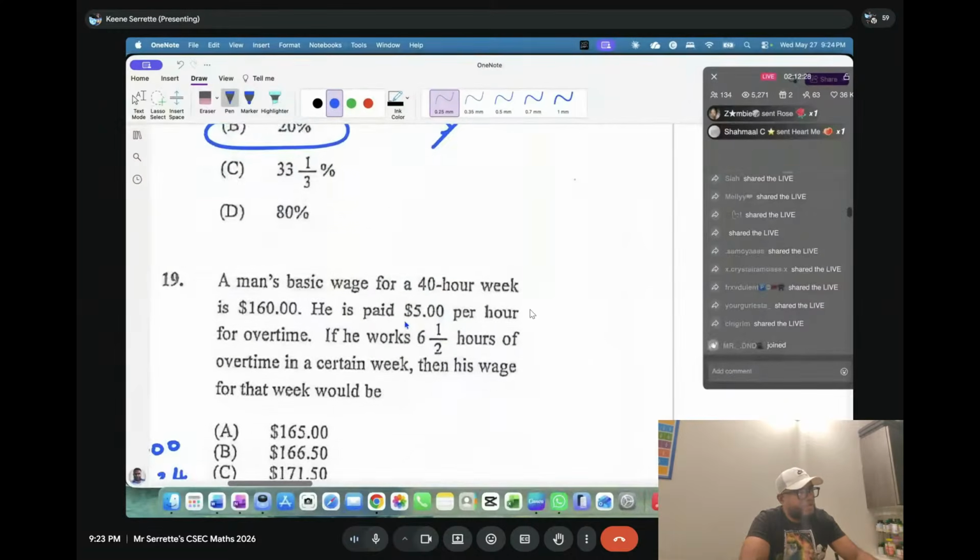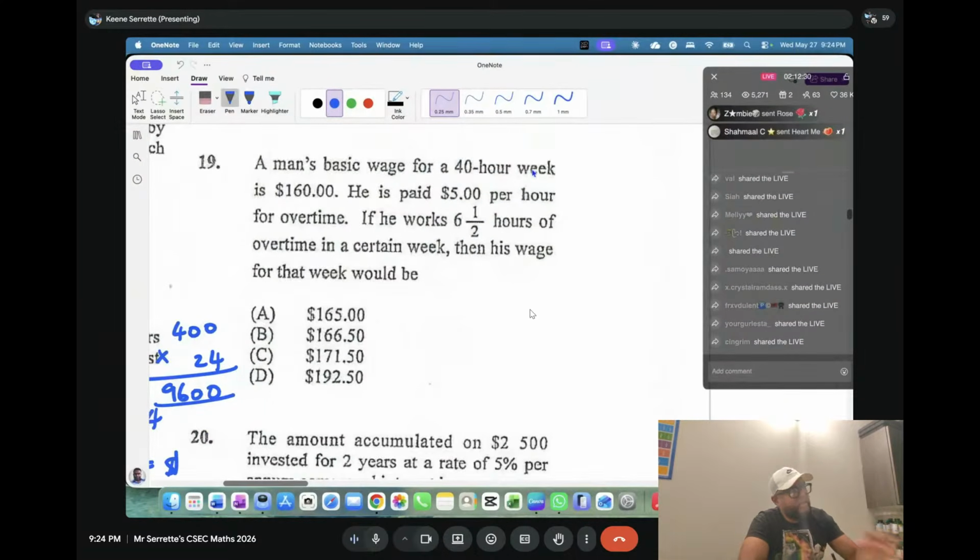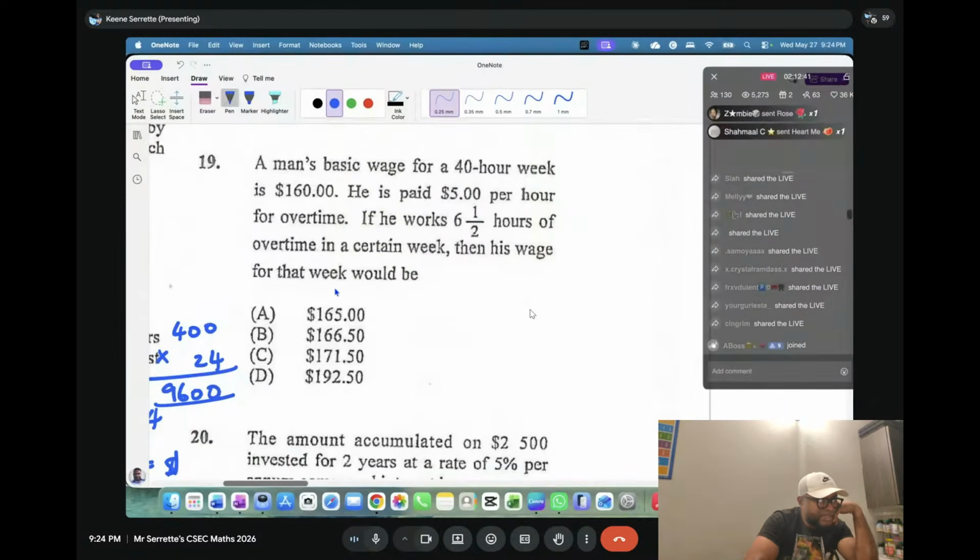A man's basic wage for a 40-hour week is $160. He is paid $5 per hour for overtime. He works 6.5 hours of overtime in a certain week. Then his wage for the week is what? So 6.5 multiplied by 5 will be what? 6 by 5, I get 30, and then half of 5 is 2.50.